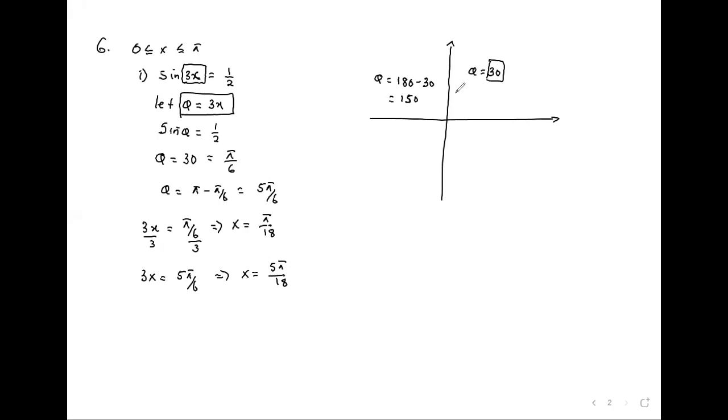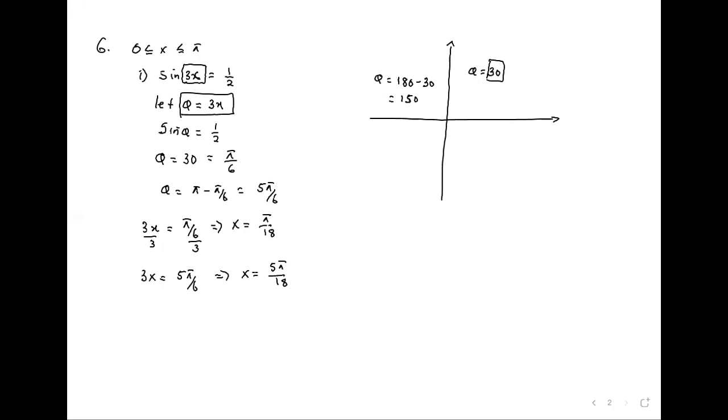Then from there, because the x that we have is being multiplied by 3, it's possible that you can go outside 360 using theta, so that when you divide by 3, you still come back to the given range 0 to pi. Now let's see if it's possible to get such a thing.